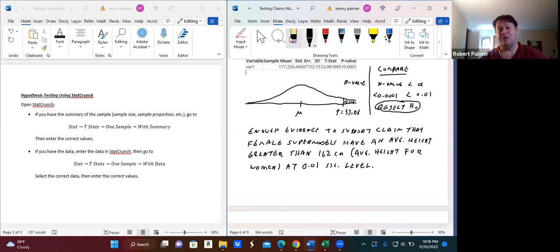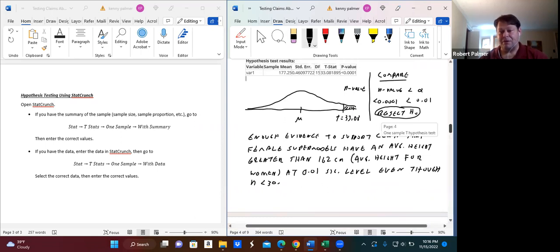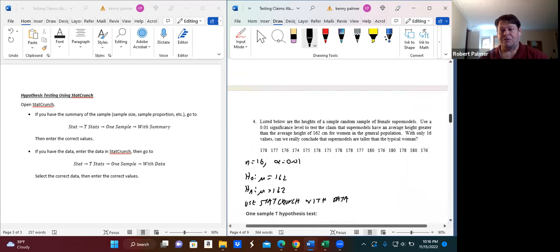I'm also going to add one thing to this that we haven't really talked about yet. Even though n, our sample size, is less than 30. Generally, we want our sample size to be greater than 30, and that has to do with the central limit theorem.